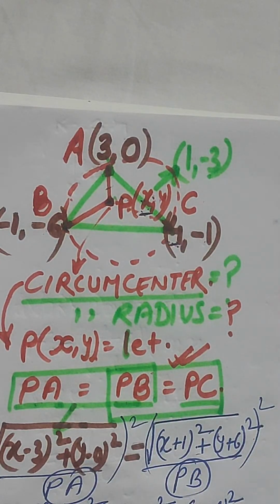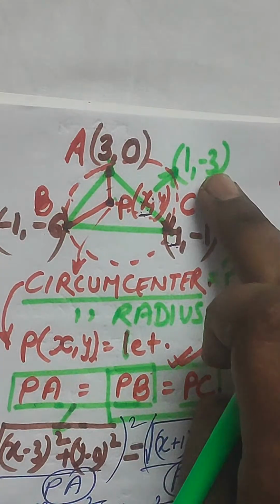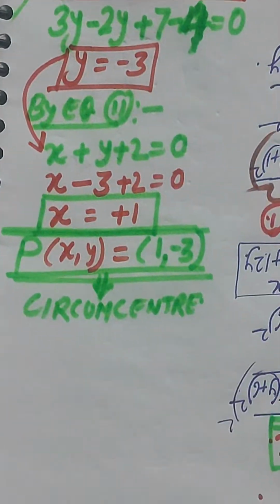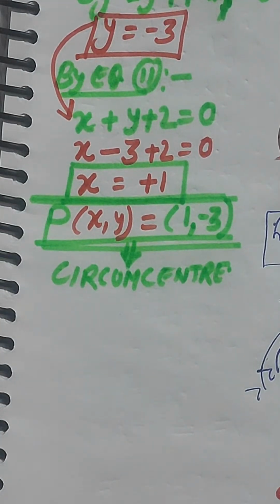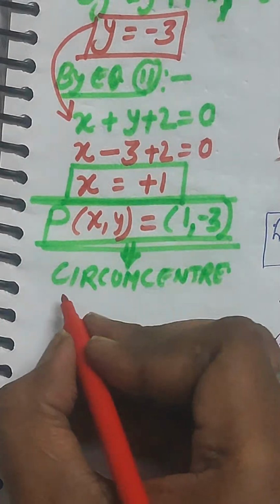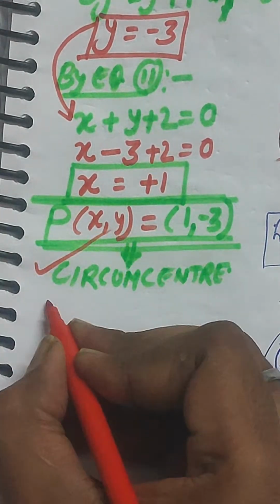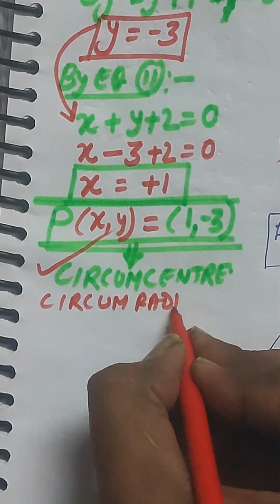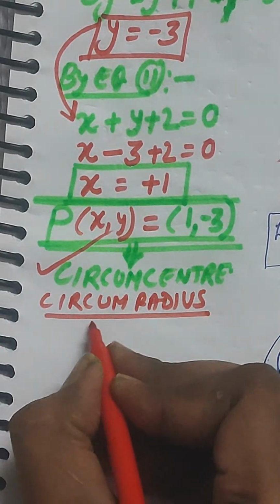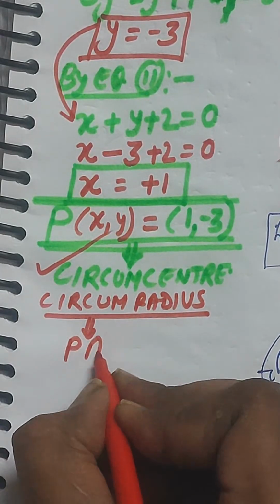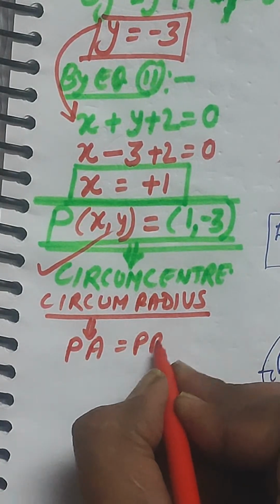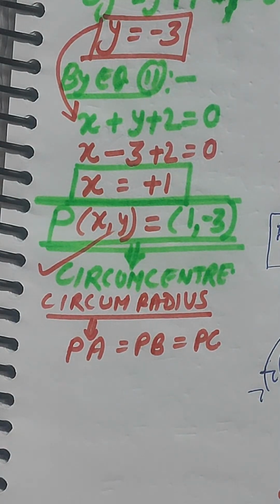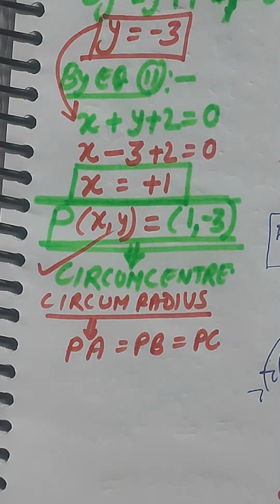Now since we know the value of circumcenter 1 minus 3, for the circumradius you can use either PA or PB or PC. Evaluate any of these to get your answer, right? So PA equal to PB equal to PC.